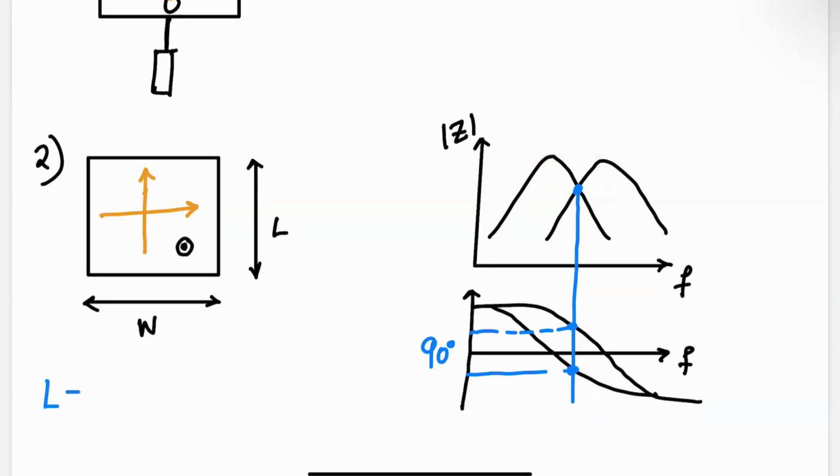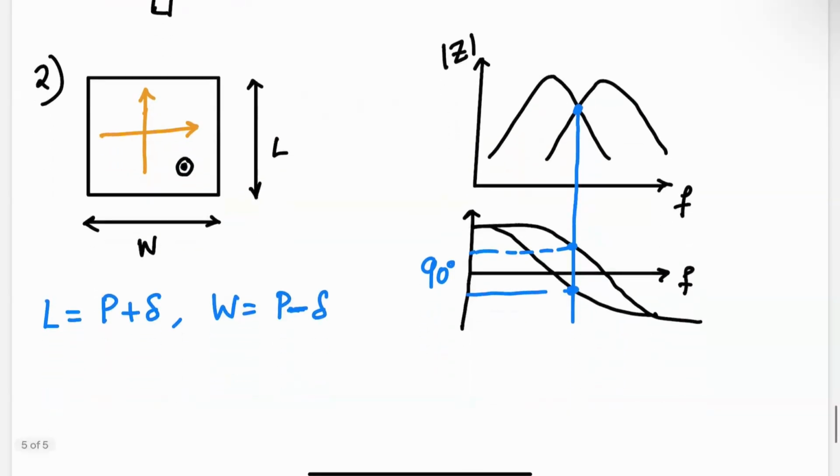So you can set a parameter, you can set the length to be some p plus delta, and the width to be p minus delta. And you sweep delta until you get a good axial ratio bandwidth. Until the axial ratio is 1 at some point. So of course, the axial ratio bandwidth in this case is low because this is frequency dependent.